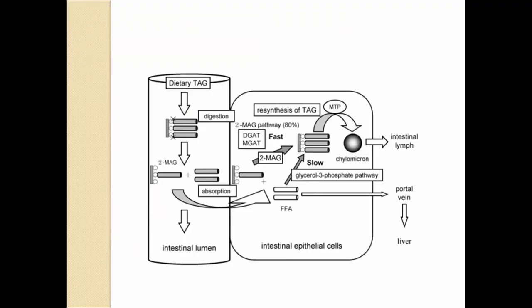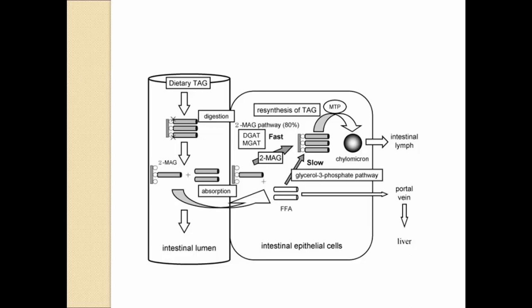Okay, this is just a diagram to show you a little bit of detail of what I just talked about. Again, fatty acids are broken down from the dietary triglyceride and absorbed into the enterocyte, and immediately reacidified back to triglyceride, right?